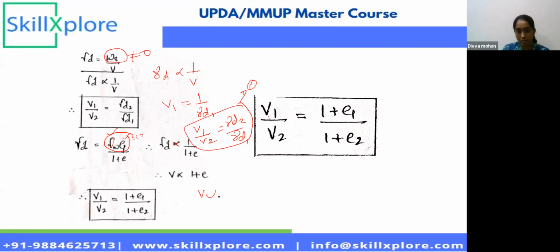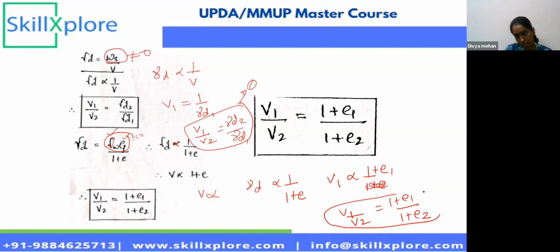So V is directly proportional to 1 plus e. While relating this, V1 is directly proportional to 1 plus e1, so V1 by V2 is equal to (1 plus e1) by (1 plus e2).